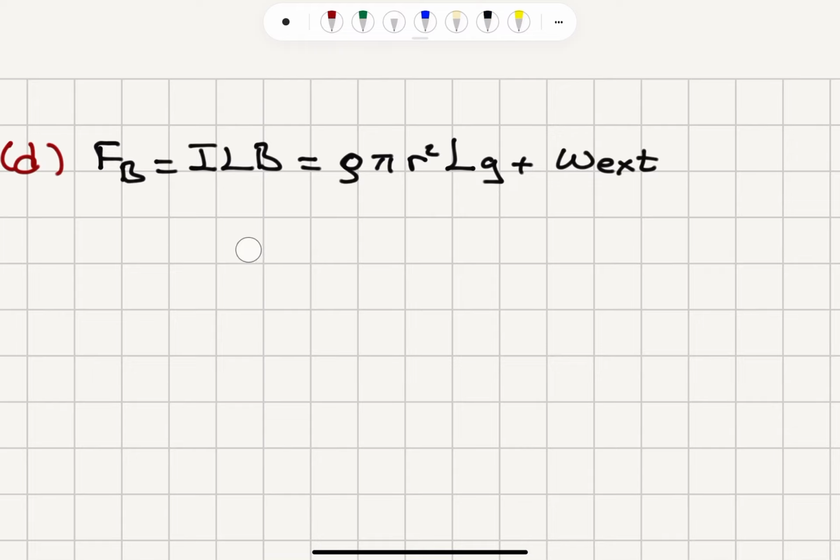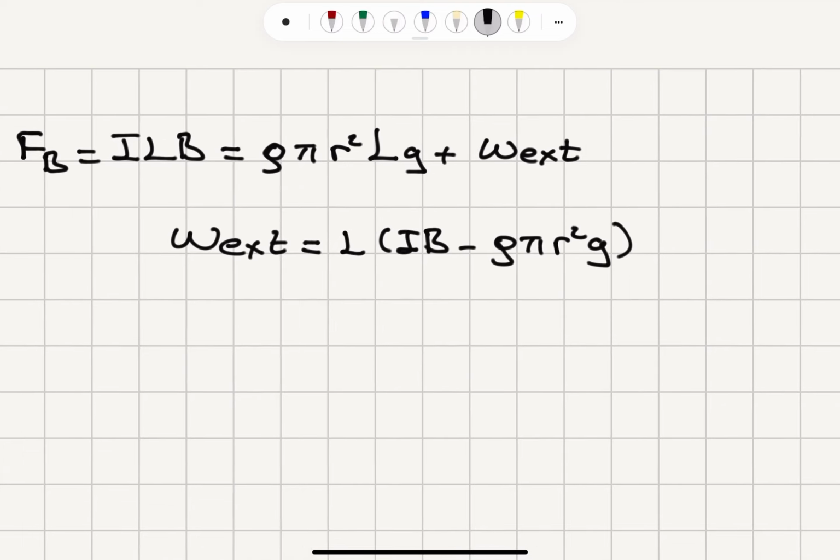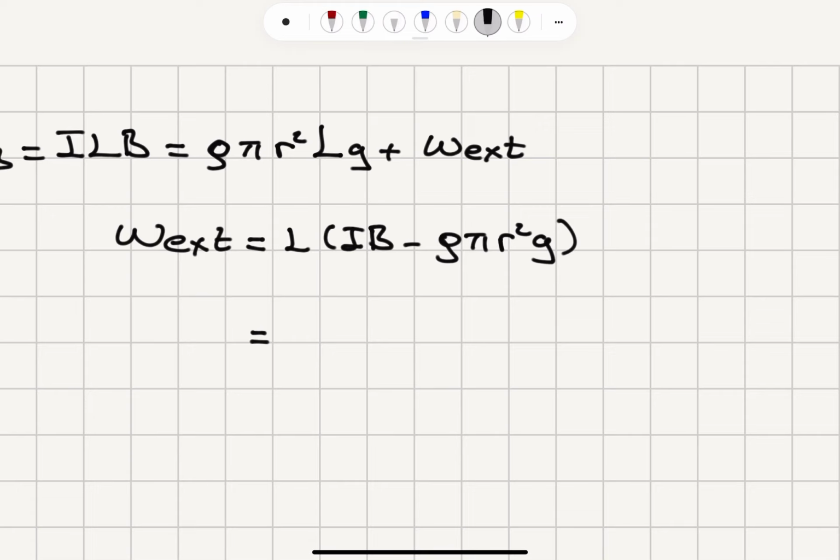So the extra weight I can have, W extra, is L times (IB minus rho pi R squared g). So if I substitute the numbers here, the length is 10 centimeters, 10 times 10 to minus 2.